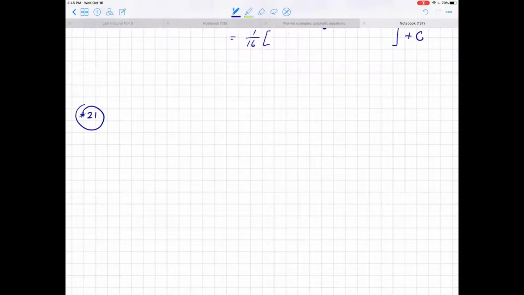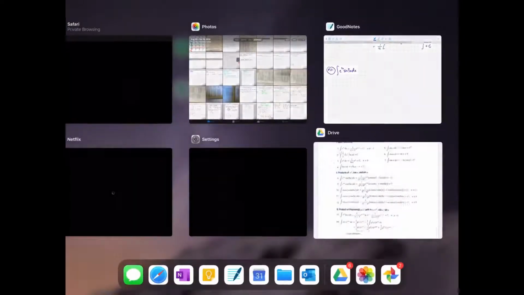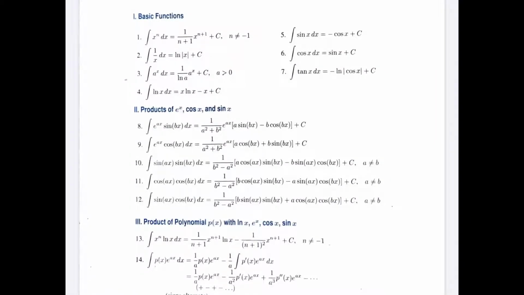So 21 is the integral of e to the 5x, sine 3x. So what do we have? We have a product of e and sine. Look at that, number 8, right there.